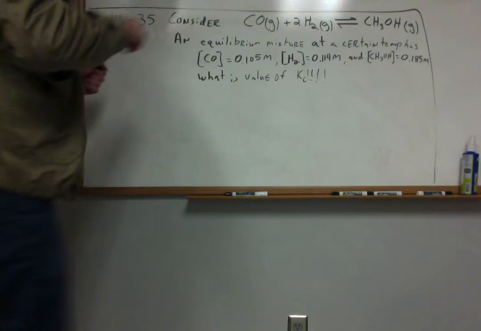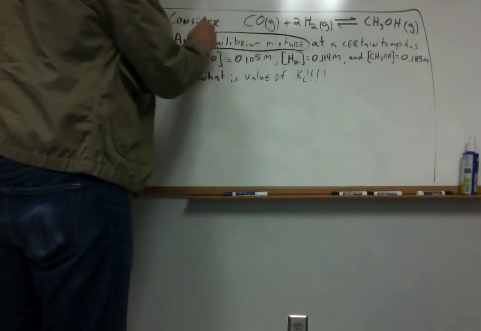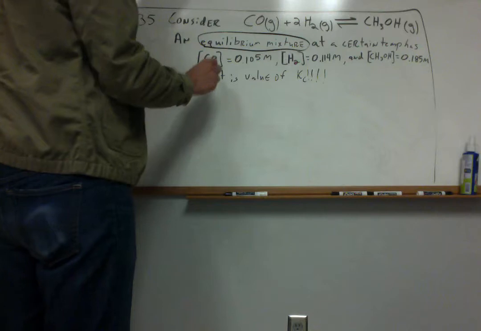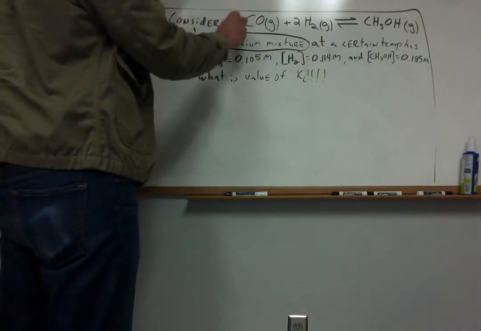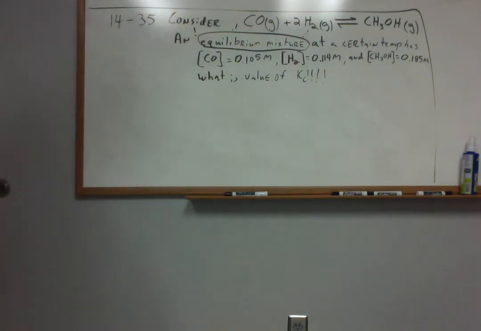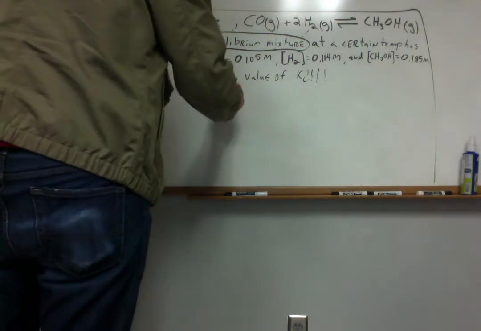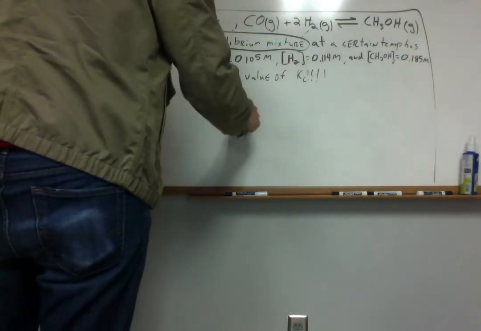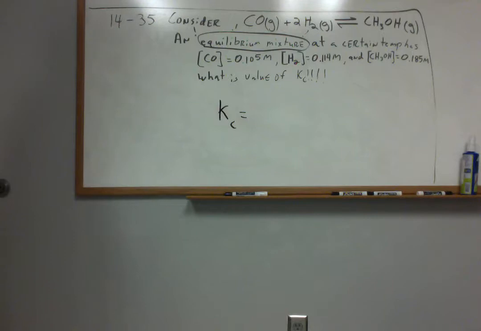Notice that it tells us that an equilibrium mixture, if we're given concentrations for an equilibrium mixture, boy, we can be excited about it, because it tells us what's going on in equilibrium. And if we're asked to compute K, the equilibrium constant, from that data, we pretty much just need to know how to define K and how to punch a few numbers on our calculator, and we can get this problem right pretty easy.